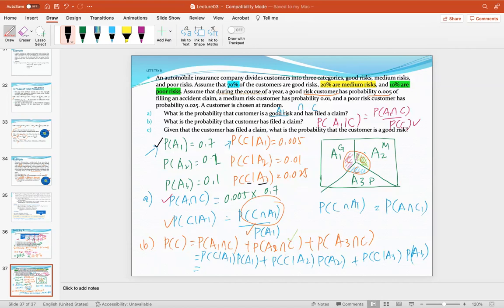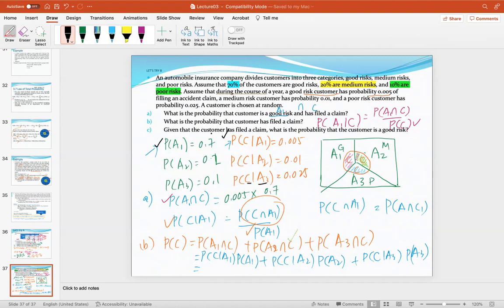So we have the P(A1), we have the P(C|A1), so we're able to solve it. B, what is the probability that the customer files a claim? So filing a claim, you have the red shaded part, the green part, and the blue part. So we can use the conditional probability rules to replace it, and then we can solve the answer.